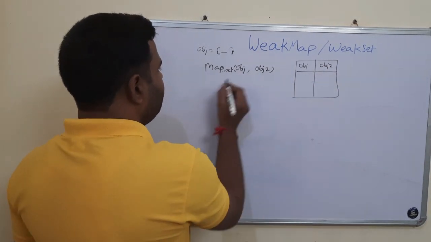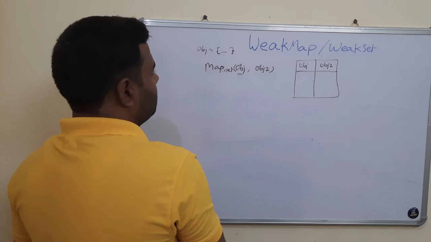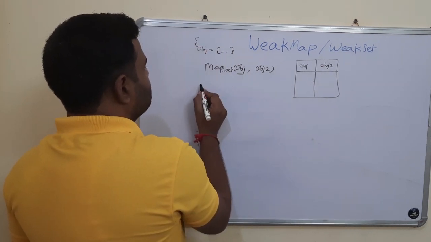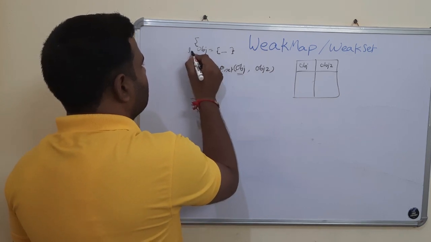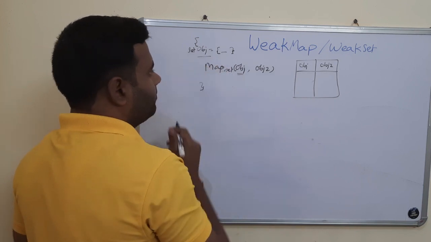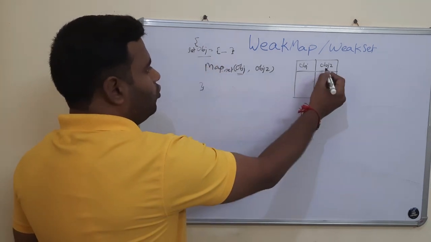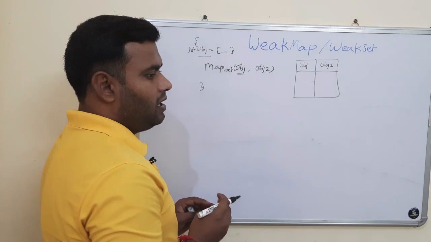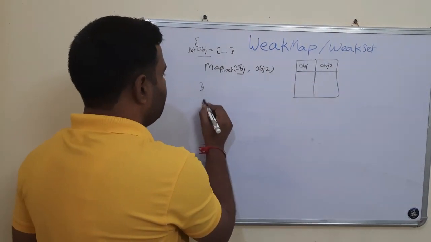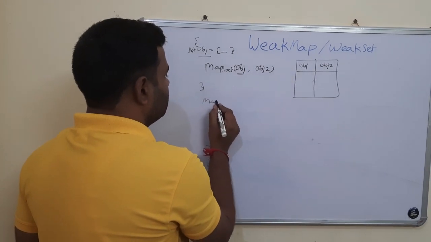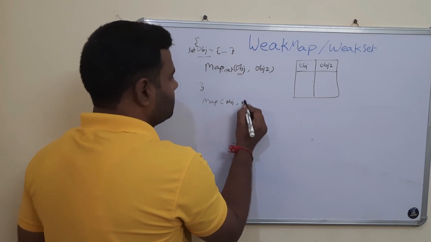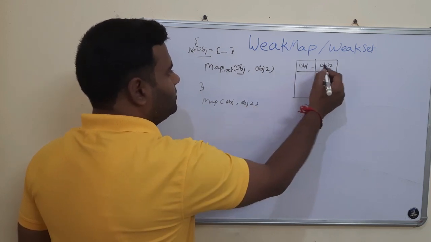Now what if I delete this particular object, or just after this particular context, this obj will be cleaned up. But obj2 will not be cleaned up. Why? Because it is referenced in the map, and even obj. So the map has the references of these two objects.